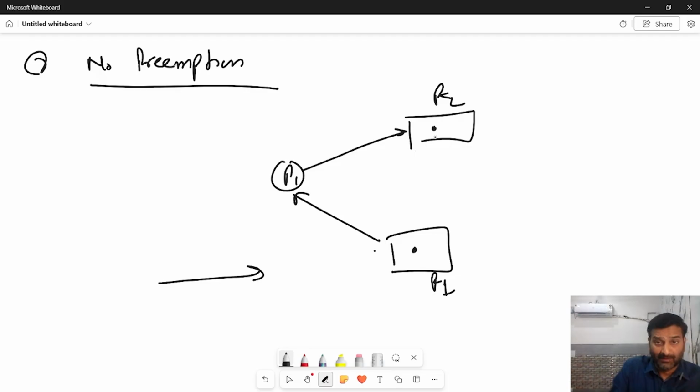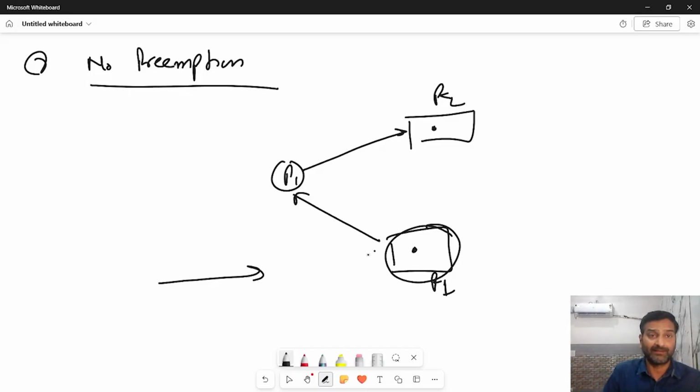So if we forcefully take away this resource R1, this is called preemption, I mean resource preemption or process preemption, whatever we can understand. Here we are dealing with whether or not we are able to take away those resources which have already been given to the process. If we can take away those resources, then that is called preemption.